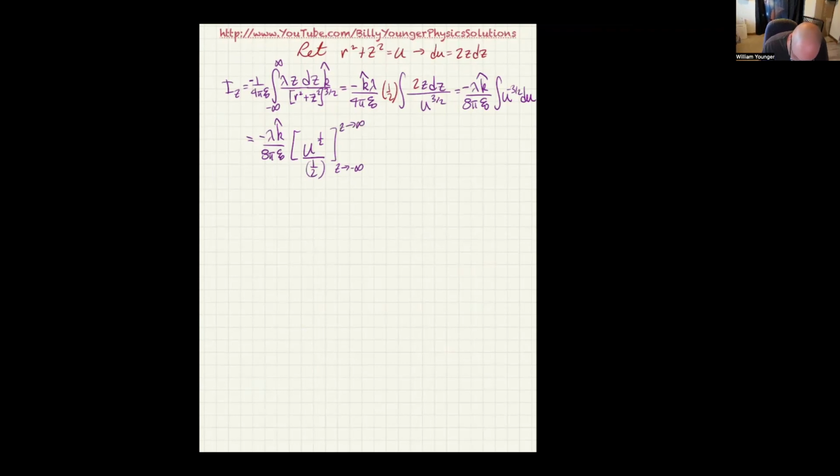So now I'm going to go back to what my substitution was. I'm going to say negative lambda k hat over 8 pi epsilon naught. And what I get is the square root of r squared plus z squared to the 1 half. And I'm going to do from negative infinity to positive infinity, which means we're basically going to have a take a limit process.